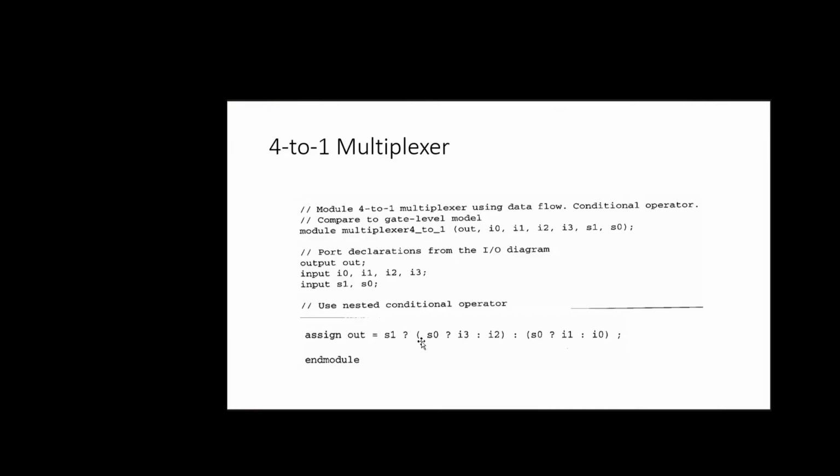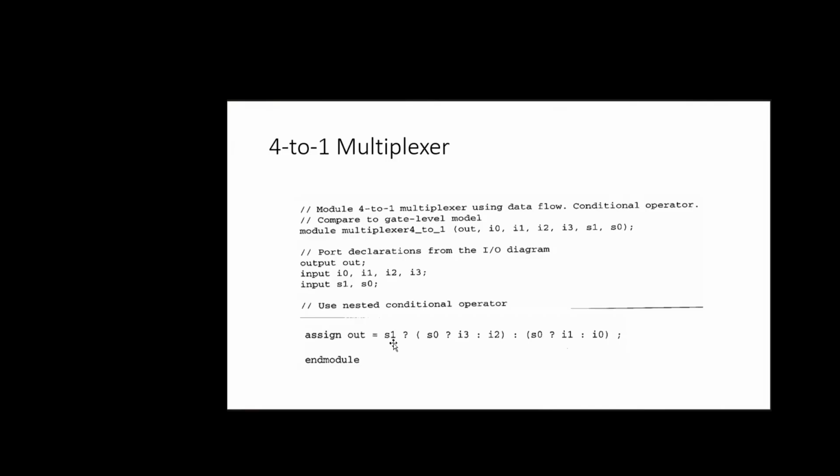And when S1 equals 1 and S0 equals 0, then I2 will be assigned to out. This is the first set of inputs. When S1 and S0 are both 1, I3 will be the output. When S1 equals 1 and S0 equals 0, I2 is connected to the output.